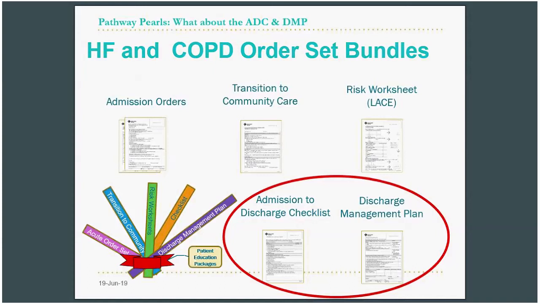They're given it as the discharge instruction sheet, to confirm that everything done with them was reinforced and understood. Sorry, I forgot to mention the LACE worksheet is in there, and that helps to determine when the patient will be seen next, which corresponds directly to what is put on the discharge management plan as well. So those are the 5 components of the bundle.